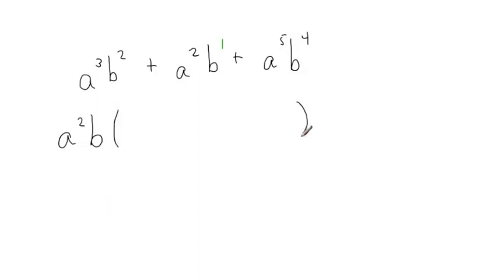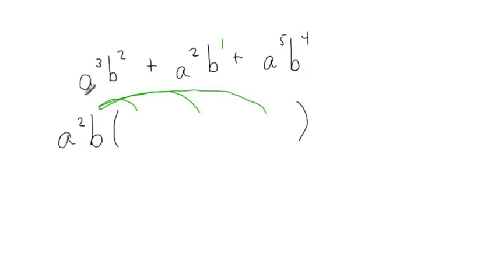Now, just like always, I need to put a polynomial in the parentheses that I'll distribute a squared b to. Since our original polynomial is a trinomial, it has 3 terms, I'll need 3 terms inside the parentheses. So I'll distribute a squared b to a first term, a second term, and a third term in order to end up with this original result.